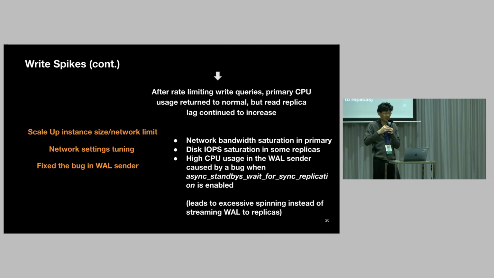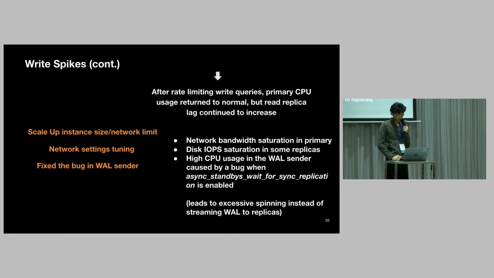And then after that, it can send the WAL to replicas. But in this case, there's a weird bug that leads to excessive spinning instead of streaming WAL to replicas. So the CPU is used by the spinning and waiting for the standby acknowledgement. That's why the CPU usage is super high, but the WAL is not sent to replicas. I think that's a bug in Postgres, and it's already fixed.